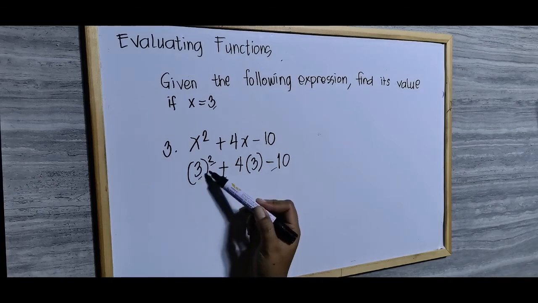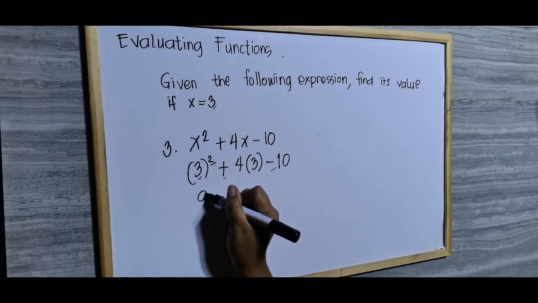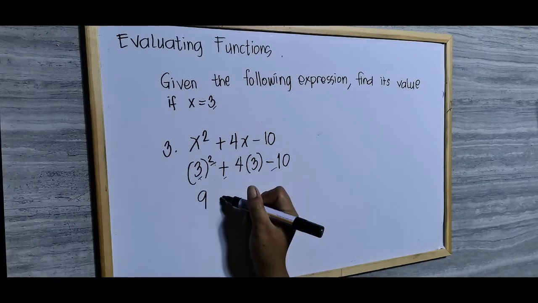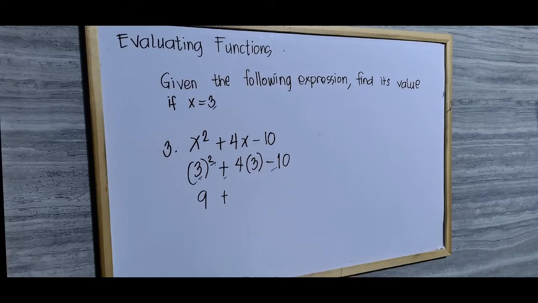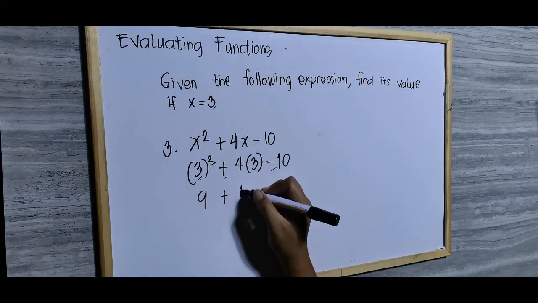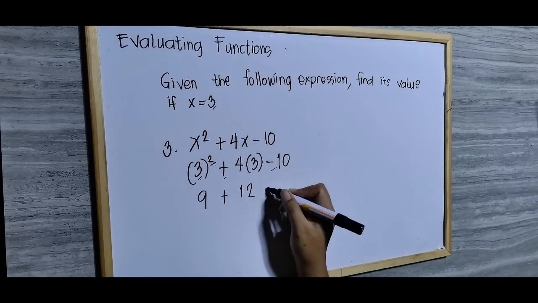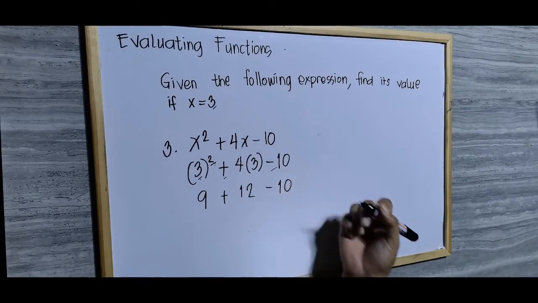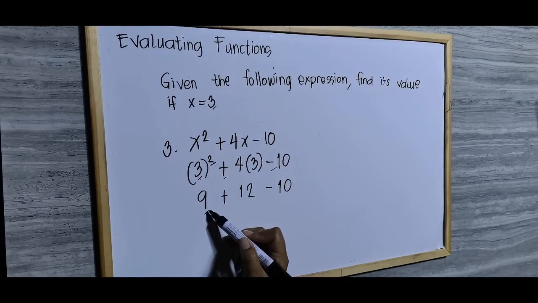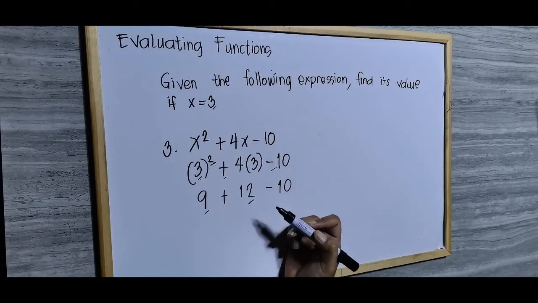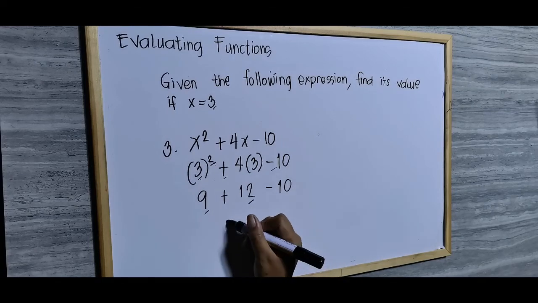So, what is 3 squared? 3 squared is 9, plus 4 multiplied by 3 is 12, then minus 10. We can now finally do the addition and subtraction. 9 plus 12 is 21.